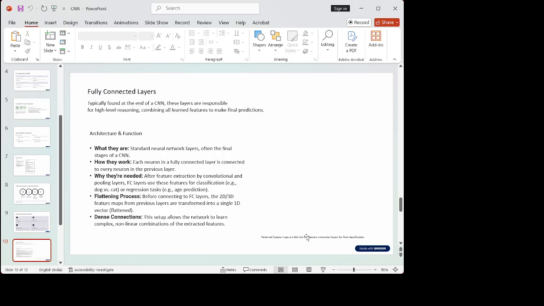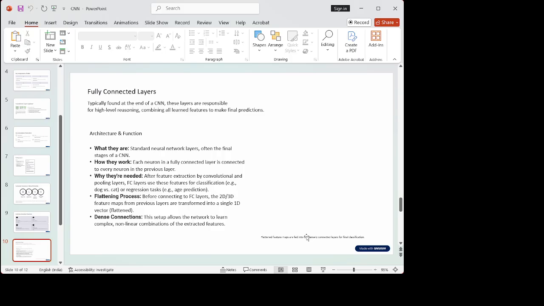Why they are needed: after feature extraction by convolutional and pooling layers, these layers use the features for classification, for example whether it is a dog or a cat, or for regression tasks such as age prediction or gender prediction.